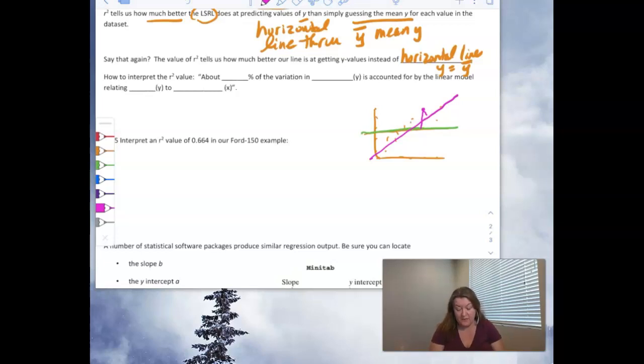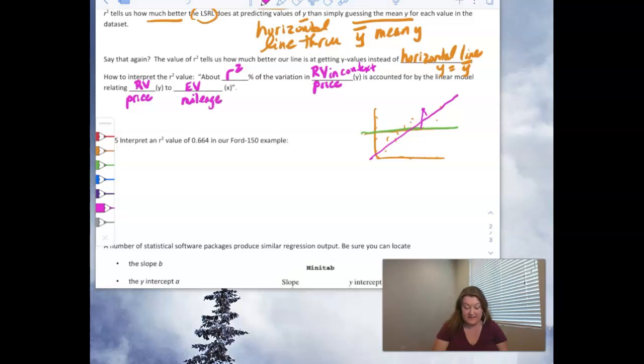So if we want to explain that, we use the percentage, so about r squared percent of the variation in y, and in this case that would be our response variable in context. So in our example, this would have been price of the car, is accounted for by a linear model relating the y, which is your response variable, your price, to your x, which is your explanatory variable, and in context that would have been our mileage.